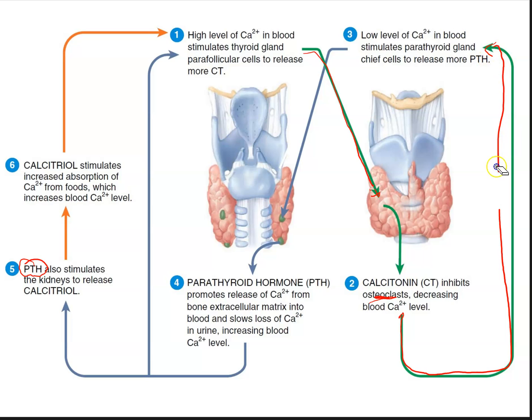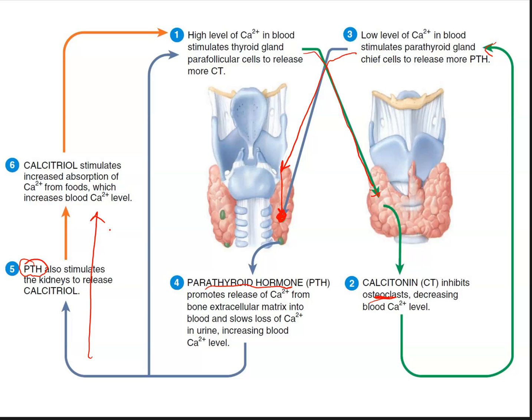When the blood calcium level is too low, the parathyroid gland gets activated. The parathyroid gland secretes parathyroid hormone, and the parathyroid hormone increases osteoclast activity. So the osteoclasts basically dissolve the bony tissue and release calcium back into the blood.